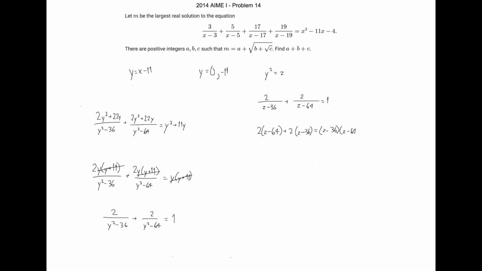And now we have to expand everything out and simplify. So over here we'll get a 4z term minus 200. And here we'll get a z squared minus 100z plus 36 times 64.